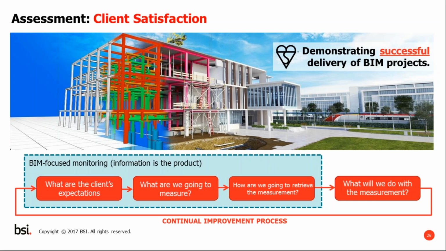And then you need to actively collect feedback to ensure that their expectations are being met, and that feedback is being managed with a continual improvement process. So this is effectively a 9001 clause, but we're expanding it to ensure that it addresses BIM specific deliverables and outputs. So this is essentially an expansion of a 9001 requirement.